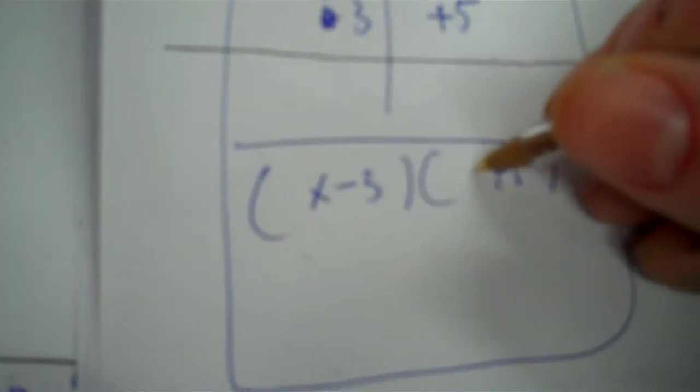So I know x second is x times itself. And then the 1 goes in front of each of your x's. Numbers in front of the x's, 1 times 1 is 1, that's your x squared. Negative 3 times 5 is negative 15. If 1 times 1 doesn't match your a, it's wrong. If negative 3 times 5 doesn't match your c, it's wrong. But it does. Wouldn't be making this video if it didn't.